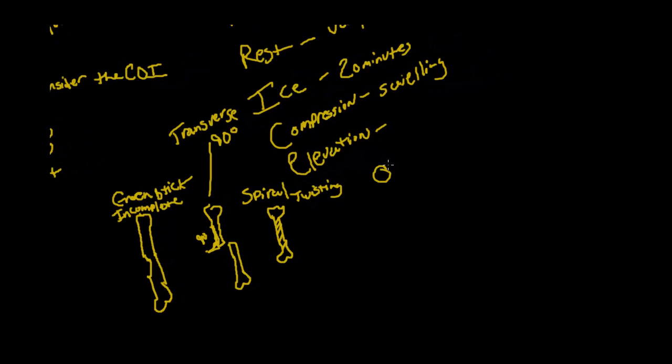Got oblique, which is like a slanting type of break. So we've got our bone here and it kind of slants across for the oblique. Got the comminuted.